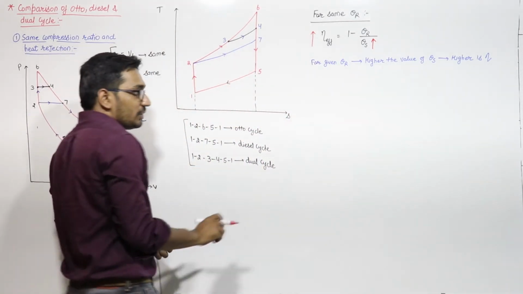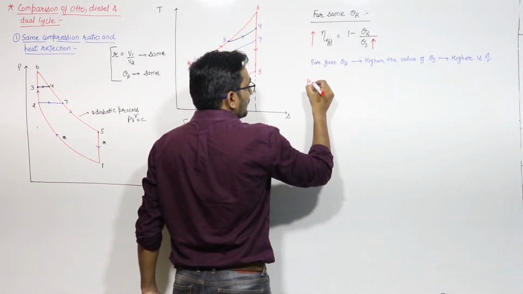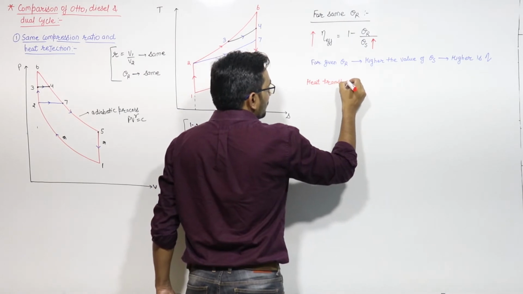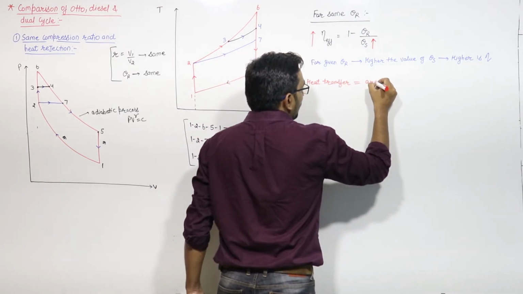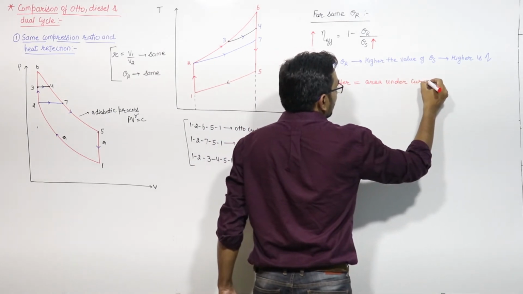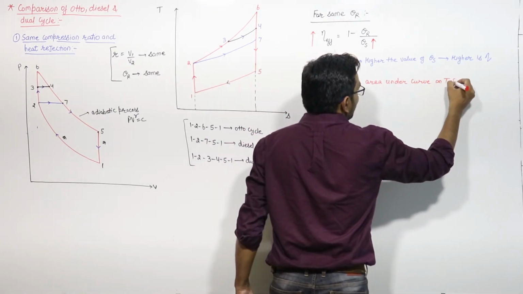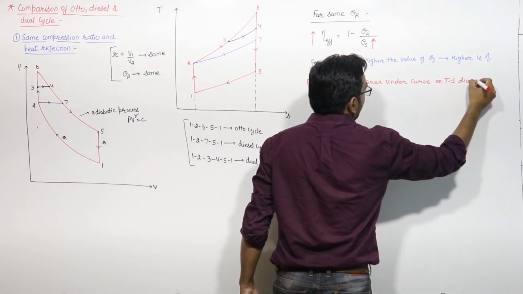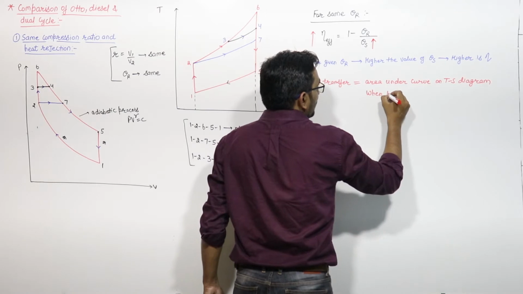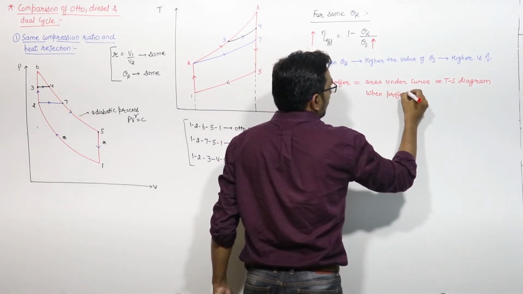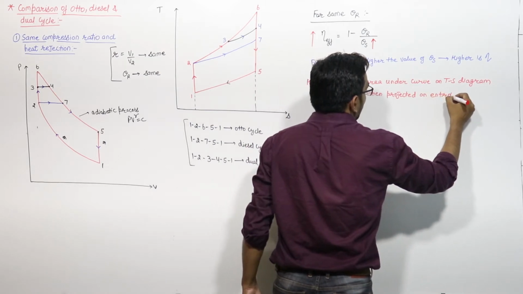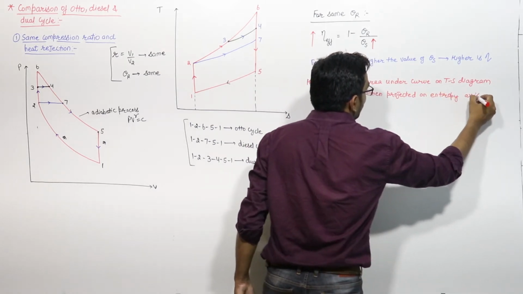And you know that heat transfer for a process is the area under the curve on the TS diagram when projected on the entropy axis, we know this, right?